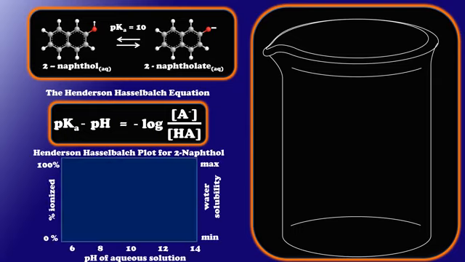So if I plot the Henderson-Hasselbalch plot for 2-naphthol, I get something like this. A situation in which I have 0% ionized at low pH, which would be where the conjugate acid is dominant, and 100% ionized at very high pHs, where the conjugate base is what's dissolving in water.